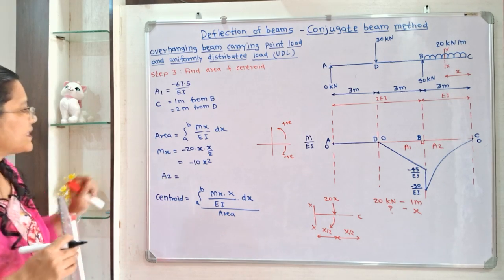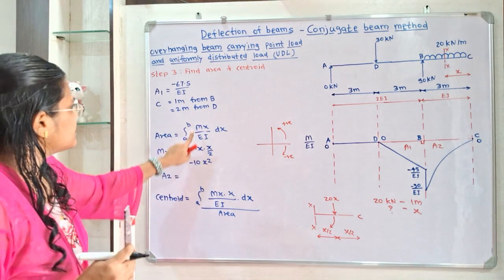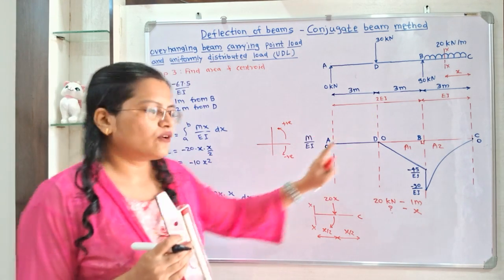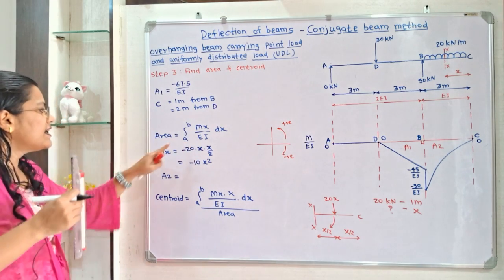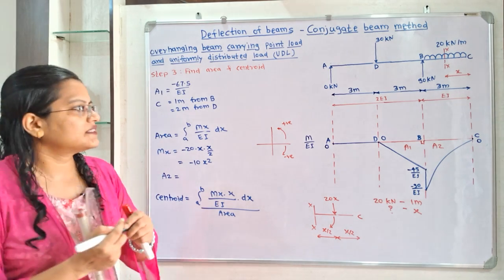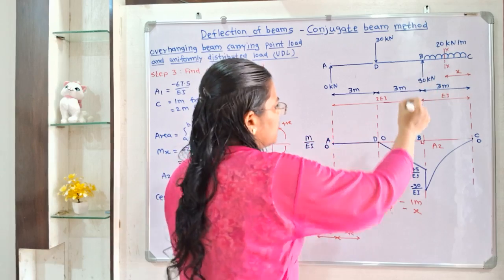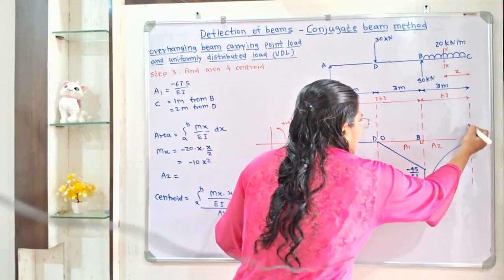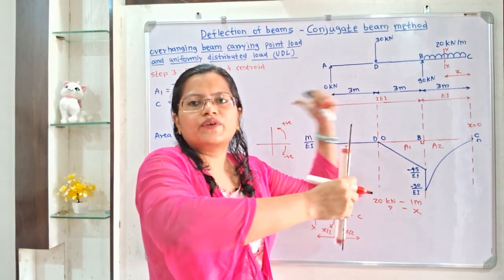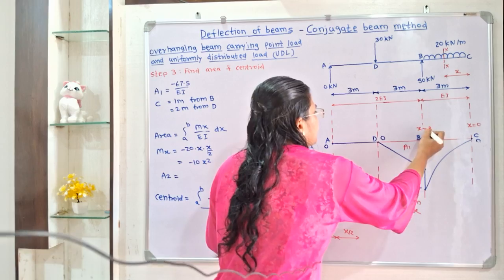Now how to calculate area A2? For area A2 we will apply this mx for this section BC. What is the flexural rigidity? It is EI only, so here we have to keep it as it is. And what is the value of A to B? These are the values of x. Now if we observe, the value of x at point C is equal to 0, and at point B, because x is moving towards the left hand side, x is equal to 3.